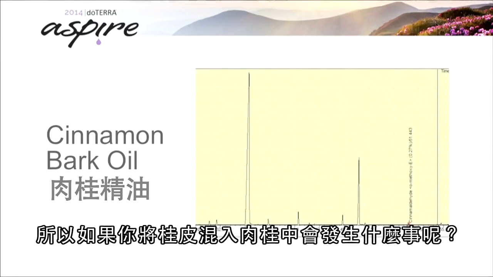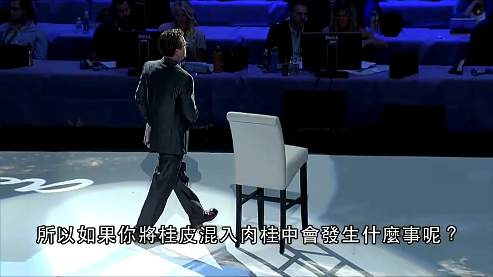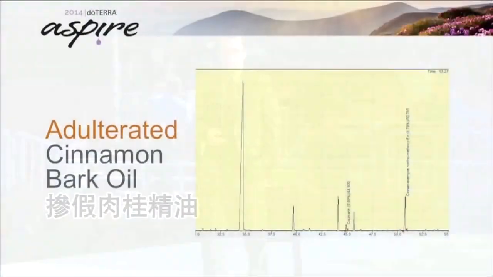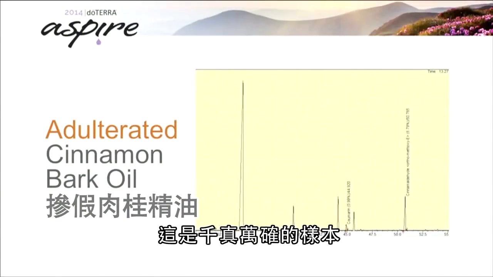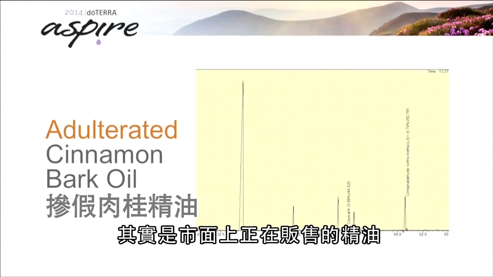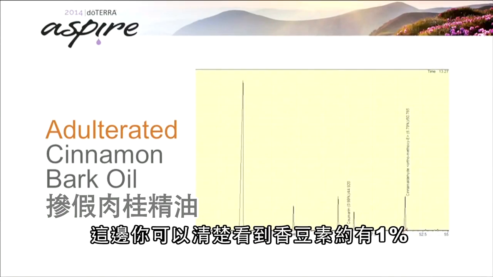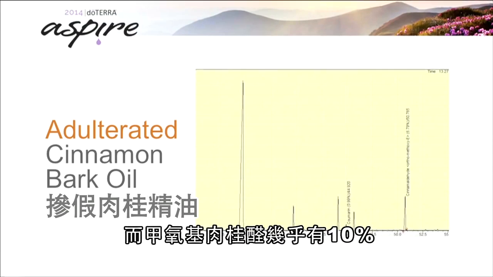So what happens when you blend in the cassia into the cinnamon bark? You see this. This is an actual sample that's on the market right now, where you can clearly see it has almost 1% of coumarin and almost 10% of orthomethoxycinnamic aldehyde.